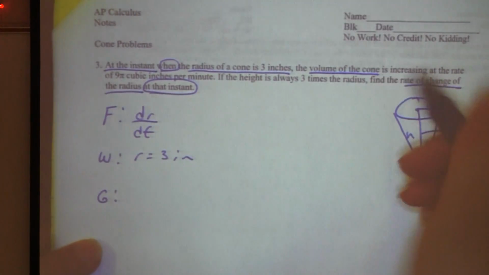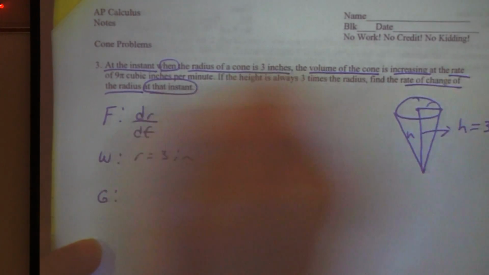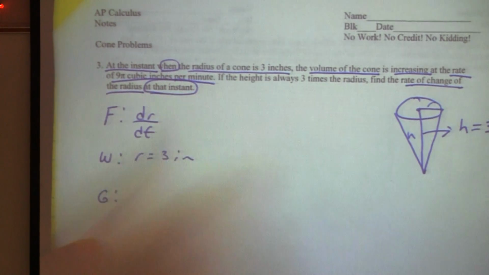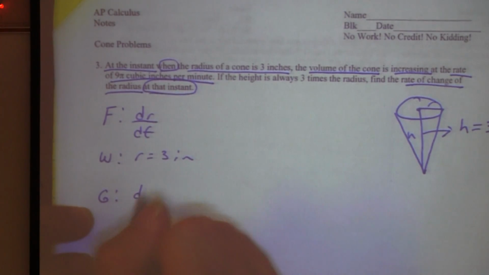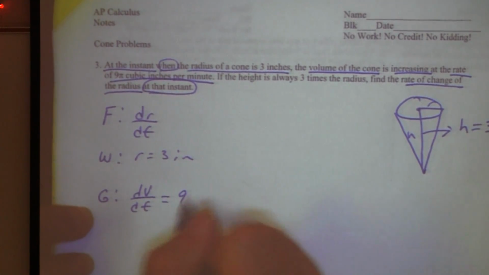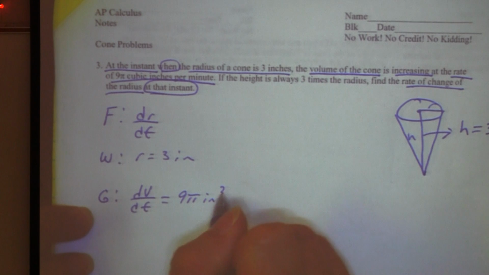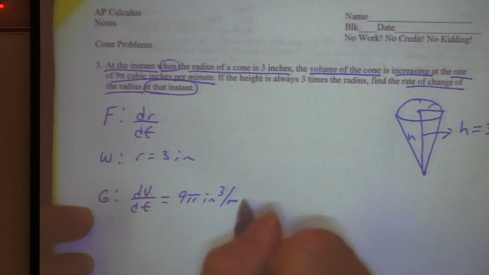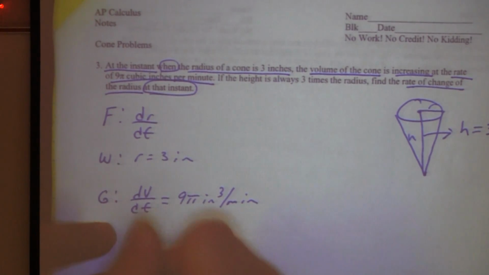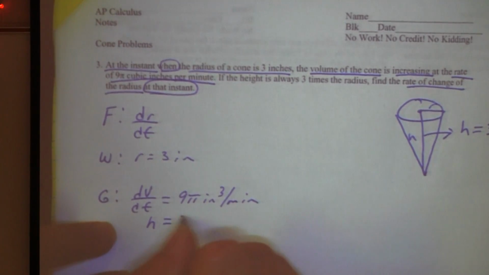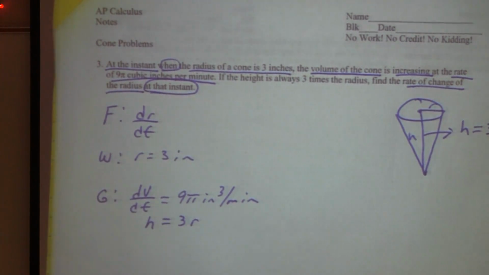The volume of the cone is increasing at a rate of 9 pi cubic inches per minute. So they're giving us dV/dt, and they're telling us that it's 9 pi inches cubed per minute. Are we okay? And they also told us that h always equaled 3r. Are we good?